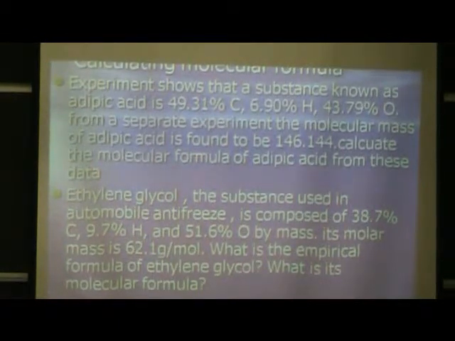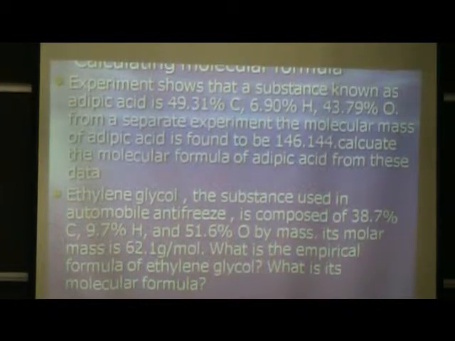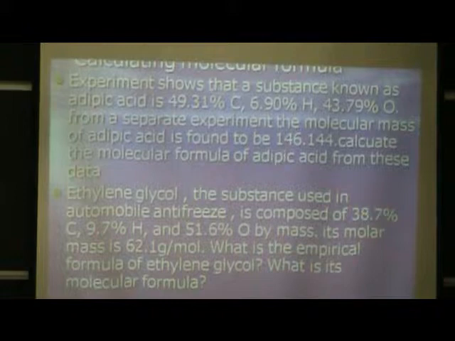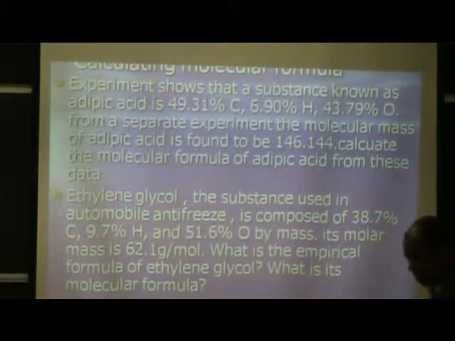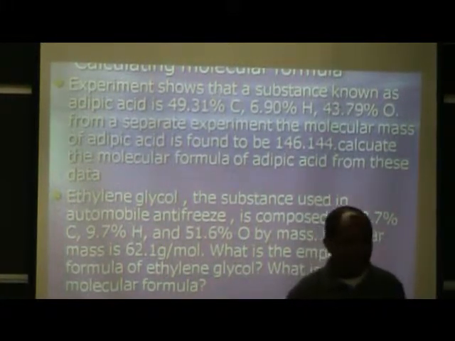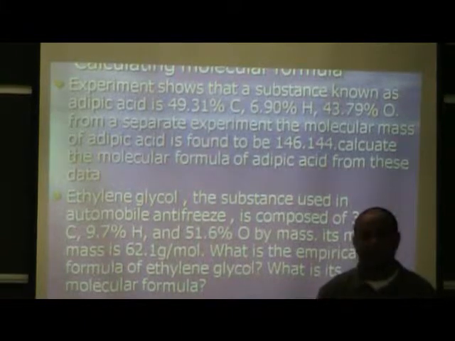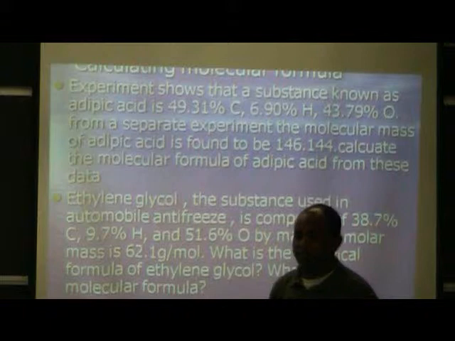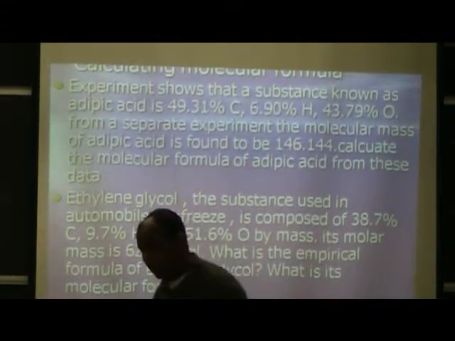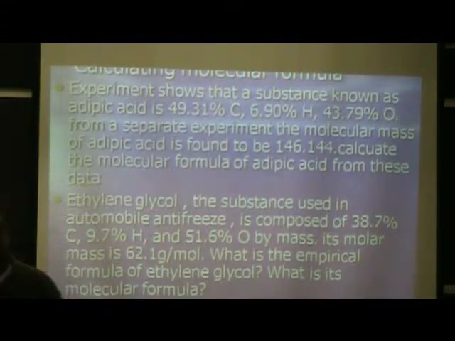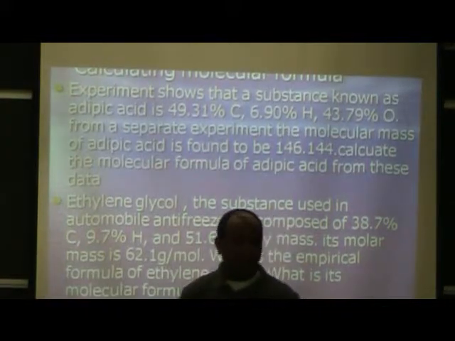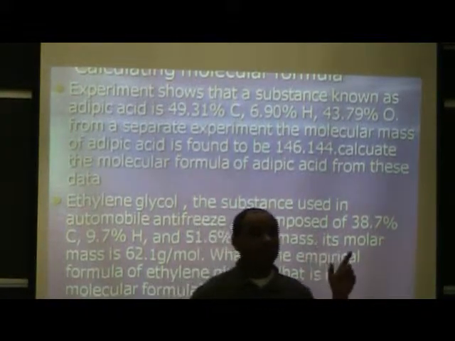I want you to divide. Use your calculator or do it manually, whichever way is convenient for you. I want you to do that calculation. I also want, how many of you have access to the internet here? You have access to the internet, okay. Right now, because there's something that we're going to compare our results to.